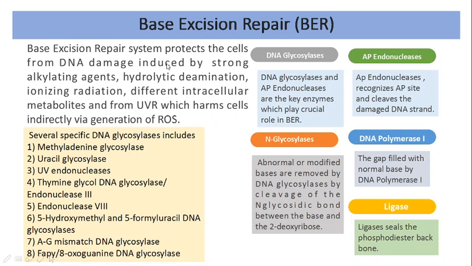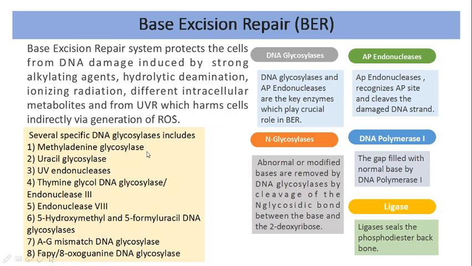This base excision repair system protects cells from DNA damage induced by strong alkylating agents, hydrolytic deamination, ionizing radiation, and different intracellular metabolites, and from UVR, which harms the cells indirectly via generation of reactive oxygen species.